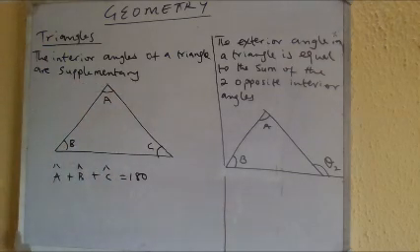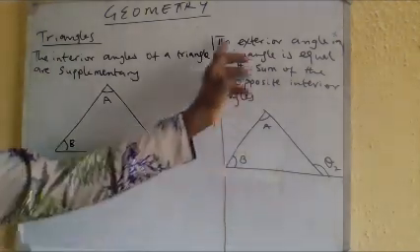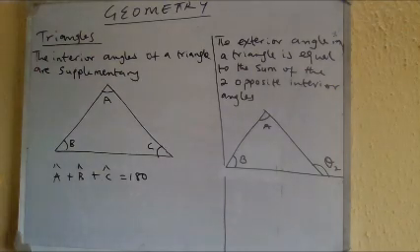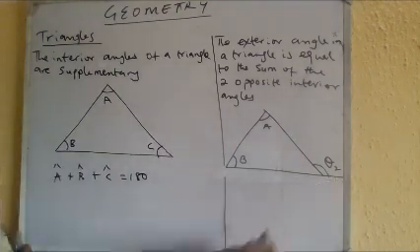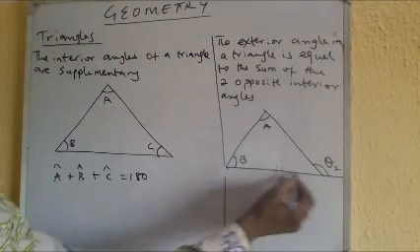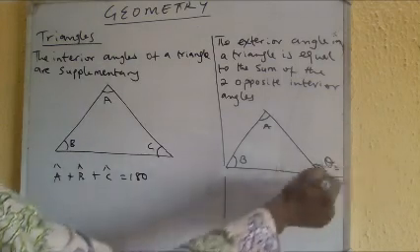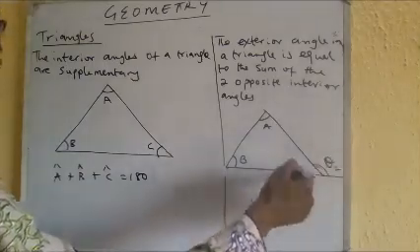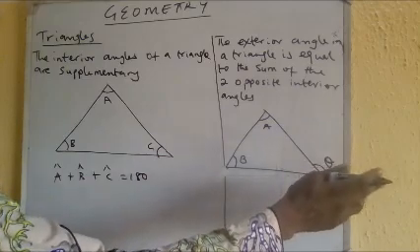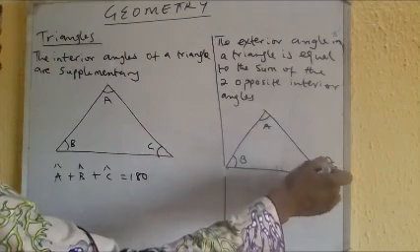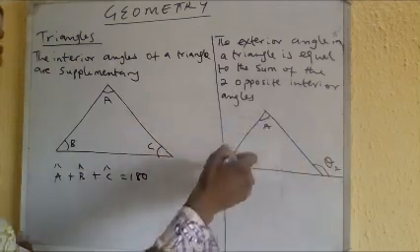For this one, the exterior angle of a triangle is equal to the sum of the two opposite interior angles. Exterior angles are angles outside. So this one is outside. If I get to this point of the triangle and extend the line, continuing as if it is still a straight line, the angle formed here, that is the exterior angle, is equal to the sum of these two interior angles.